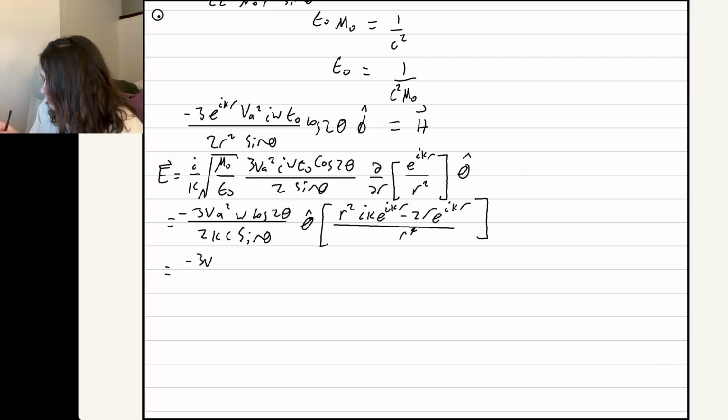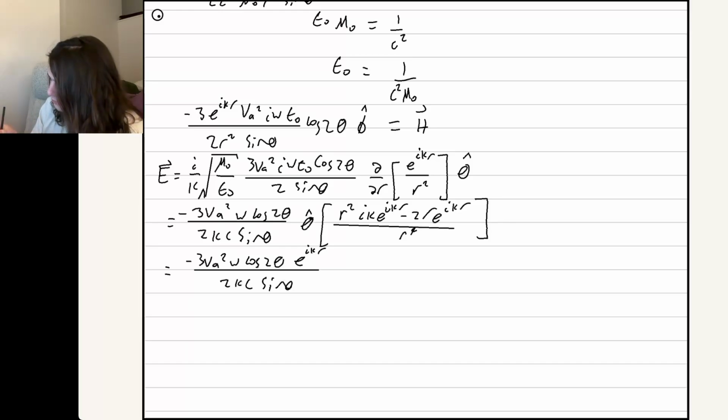So minus 3va squared omega cosine 2 theta, and then we have e to the ikr, divided by 2kc sine theta. We'll have an r squared on the bottom, and then in here, you'll just have ikr minus 2. So we'll have an r cubed on the bottom, actually. r cubed sine theta.